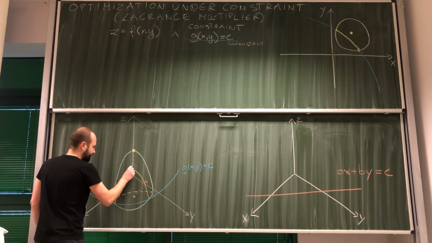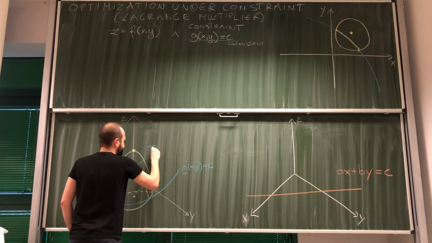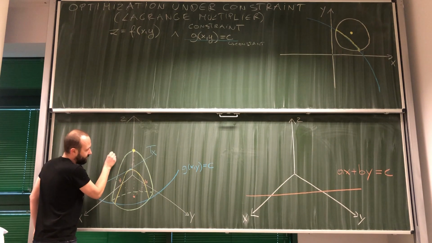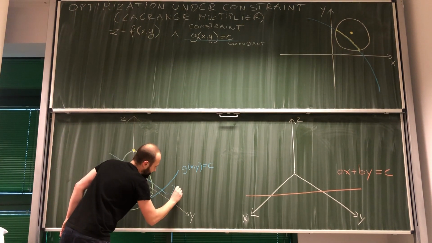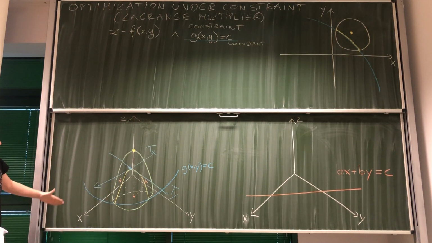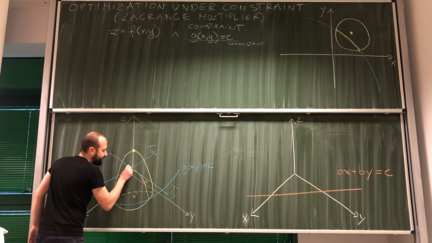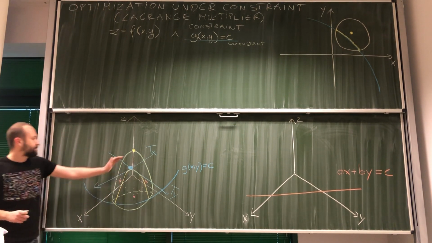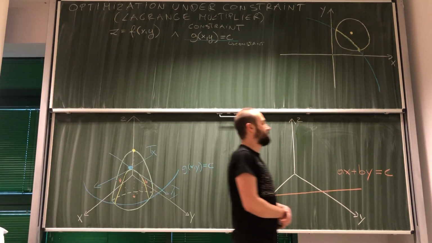We would find a point where the slope is parallel to the x-axis, and also the derivative is parallel to the y-axis. So we calculate the partial derivative with respect to x and with respect to y. And if we find this top, this location is going to be our maximum.